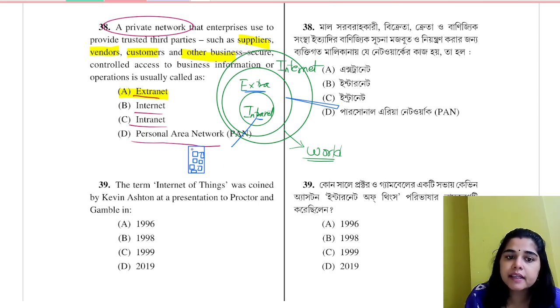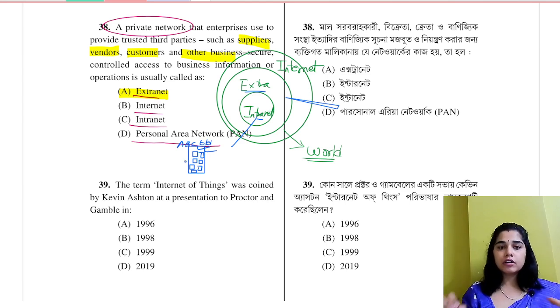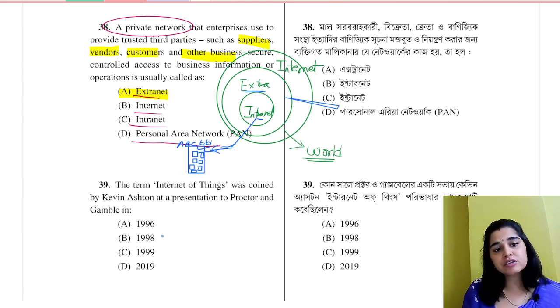They have a network which is within their organization. Suppose this is a company ABC Limited. They use the network known as intranet, which the organization is using.